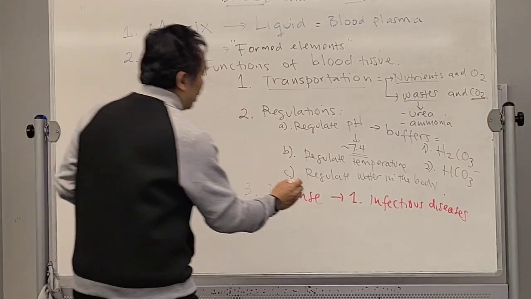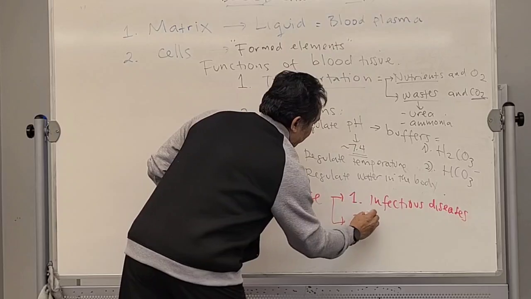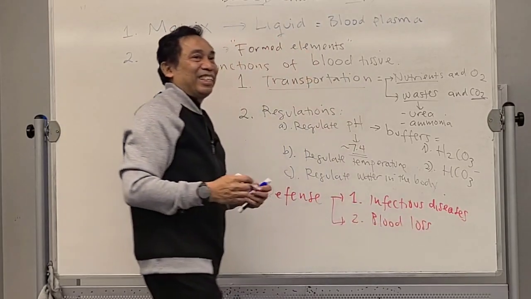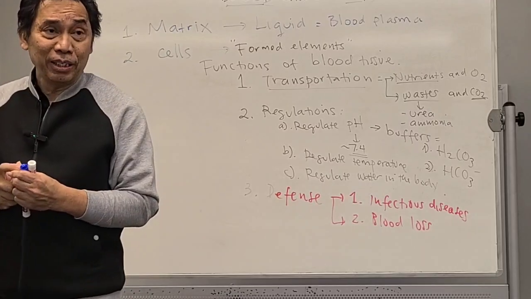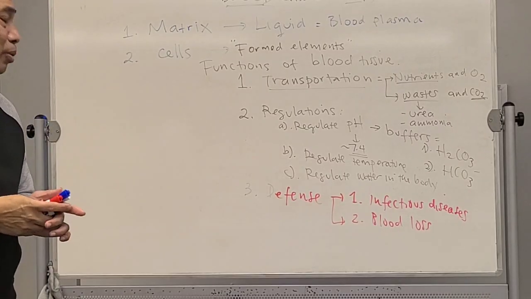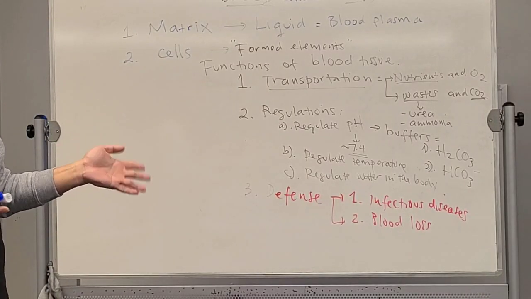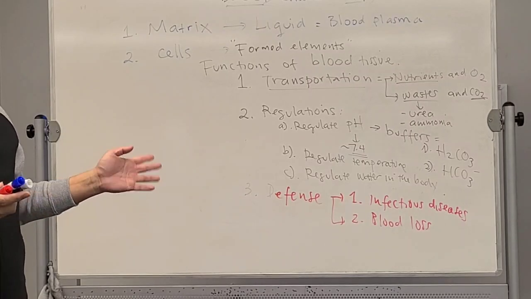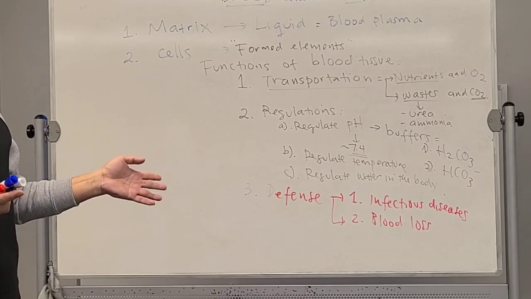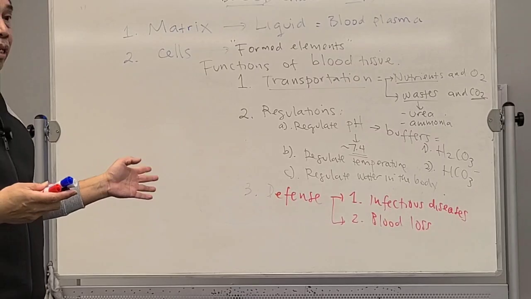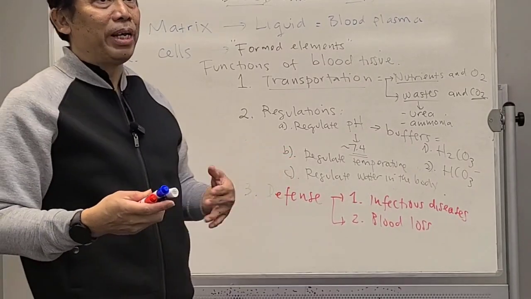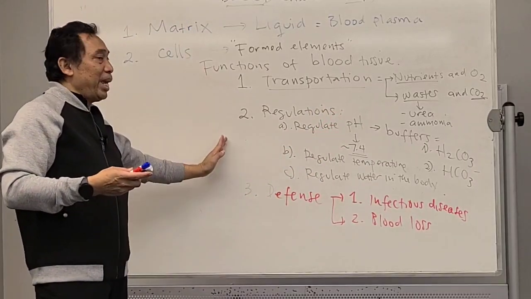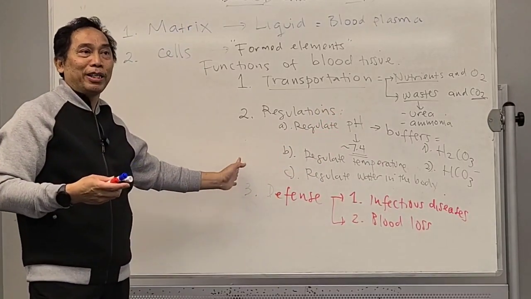It's also defense against blood loss. So the blood has some proteins or cells that are able to clot or to seal. Maybe if the blood vessels are broken, this blood has the ability to seal the blood vessel or to clot the blood. Therefore, you will not be bleeding so much. So these are the three main functions of the blood tissue.